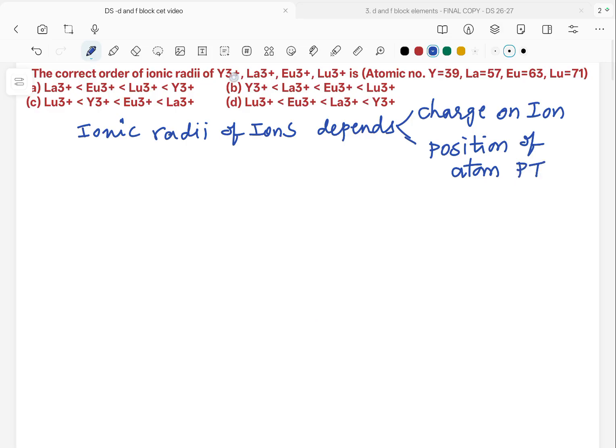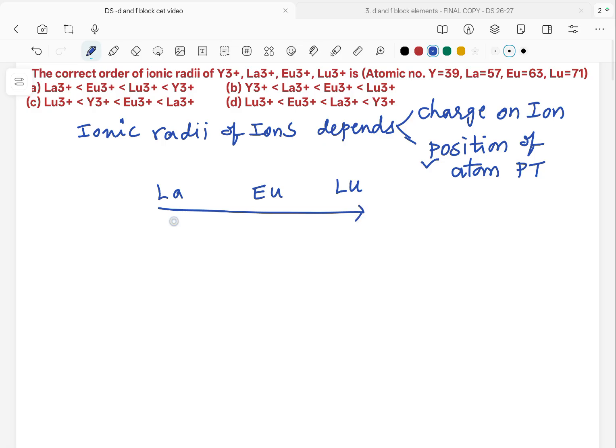As here the charges are all 3 plus, we have to focus on the position of the atom in the periodic table. Lanthanum, europium, lutetium, all these are F block elements, 4F series elements which are arranged this way.